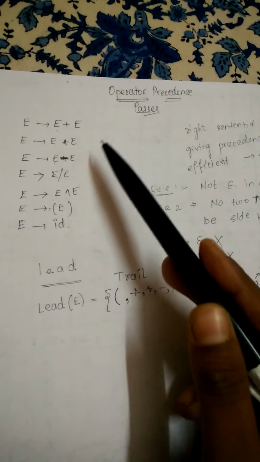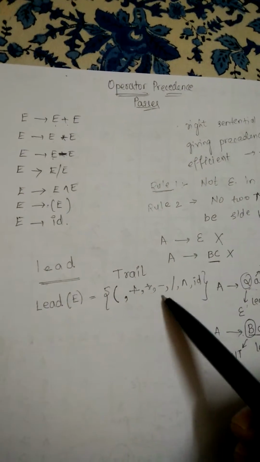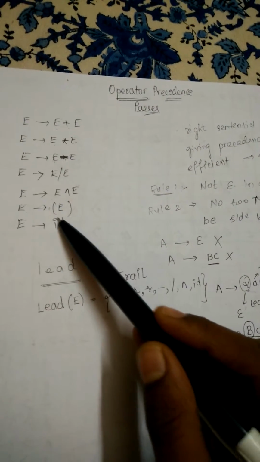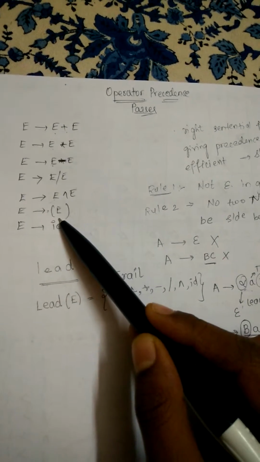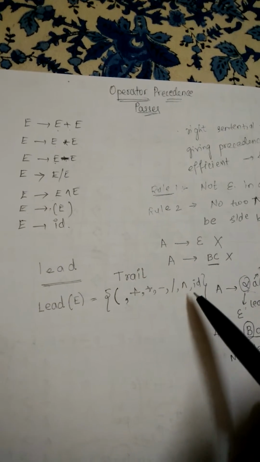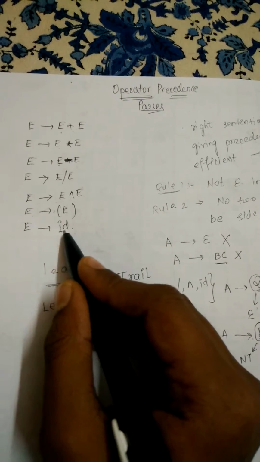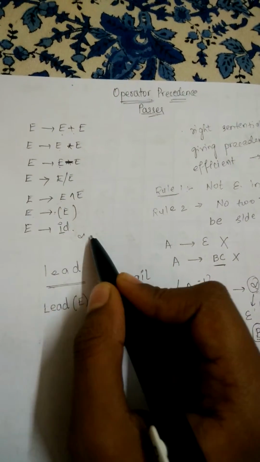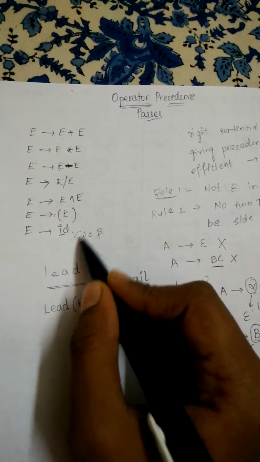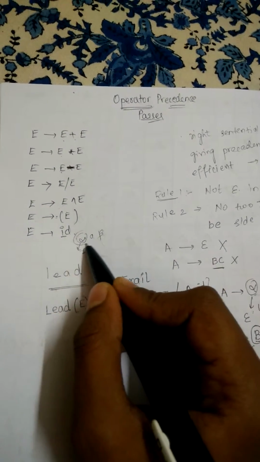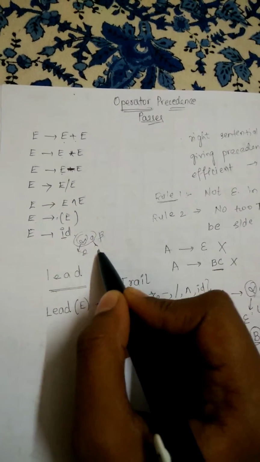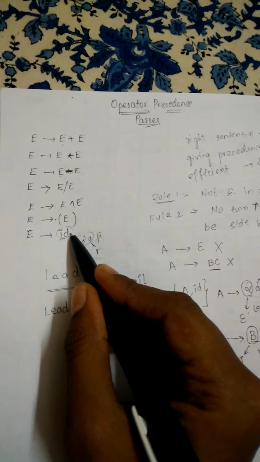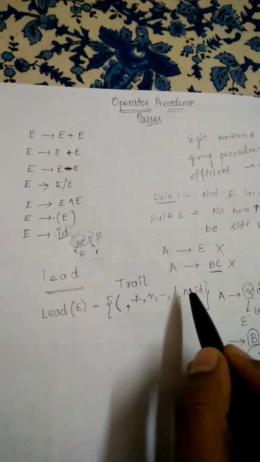These are the lead set. Here E tends to id has only a terminal, so we have to include that terminal because it satisfies the property alpha a beta, where alpha is epsilon. This a is the terminal, so we have to include id over here.